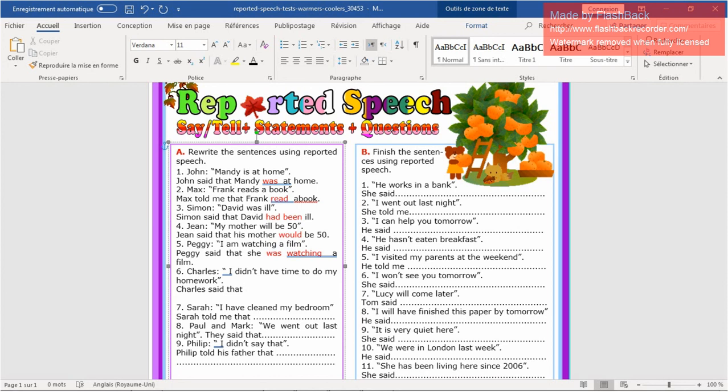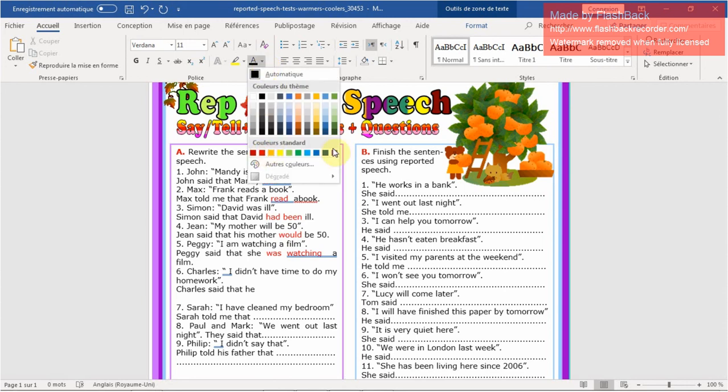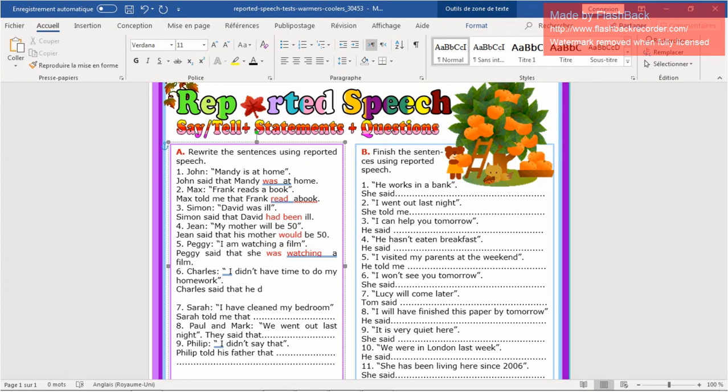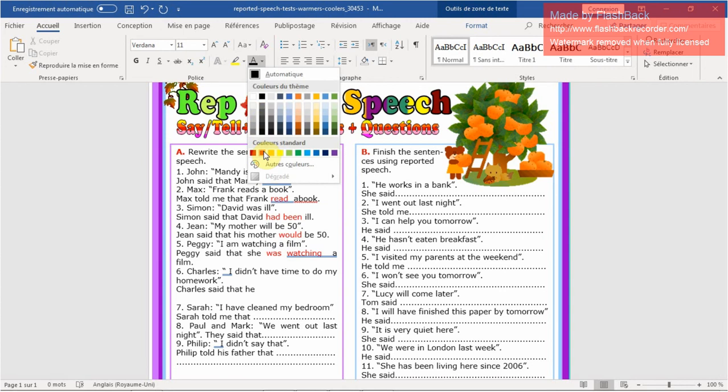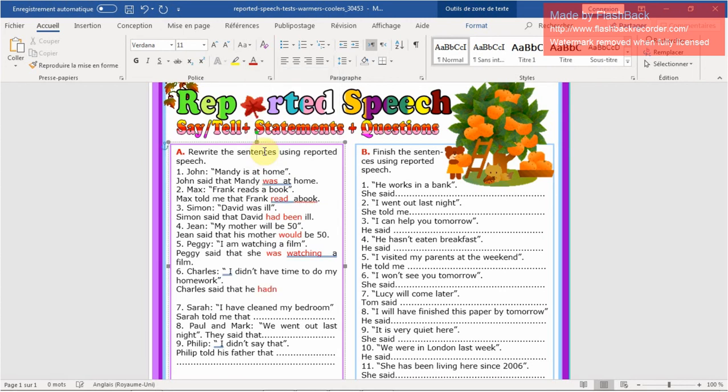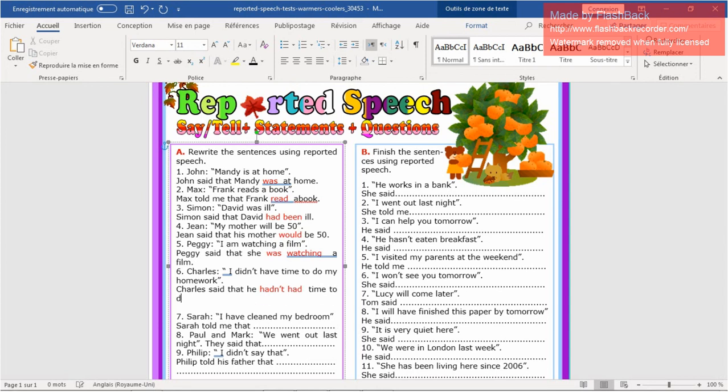Charles said that he hadn't had time to do his homework. Hadn't had, where had is the past participle of the verb to have.